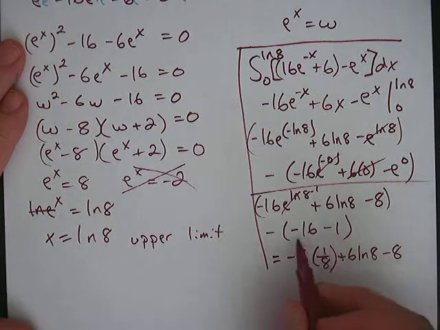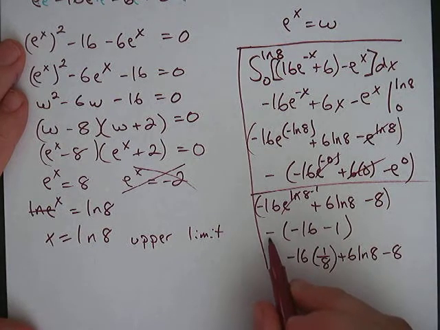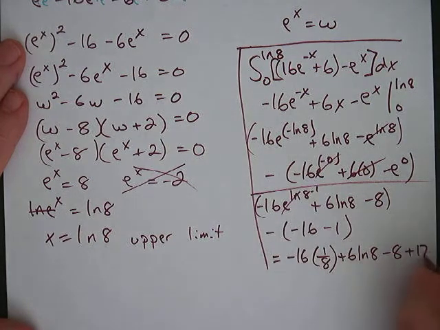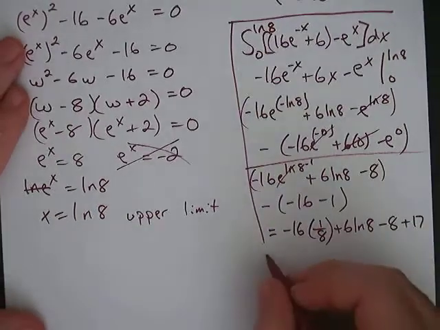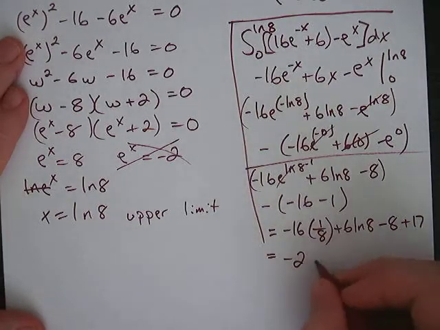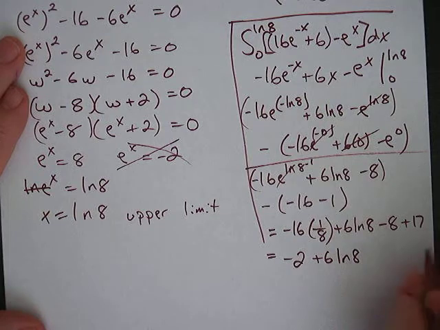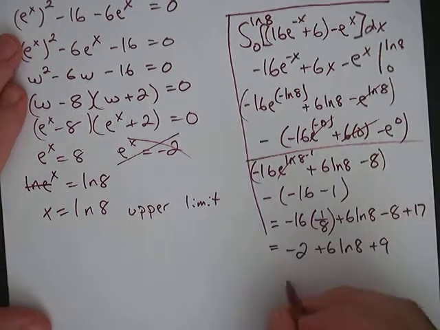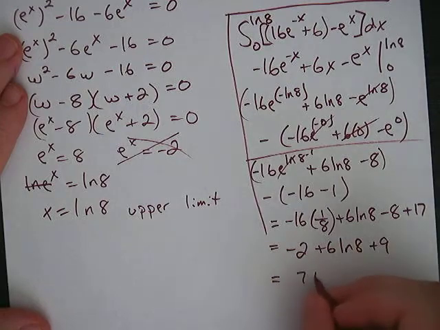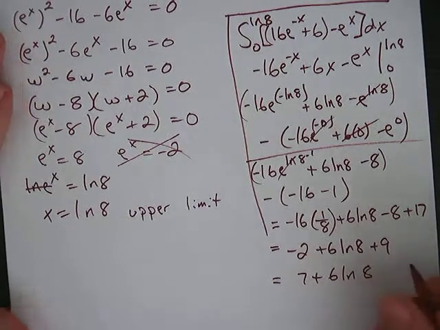And what is this? Negative 17 with a minus sign in front, so positive 17. That will give us negative 2 plus 6 ln 8, and that will be plus 9, which equals 7 plus 6 ln 8.